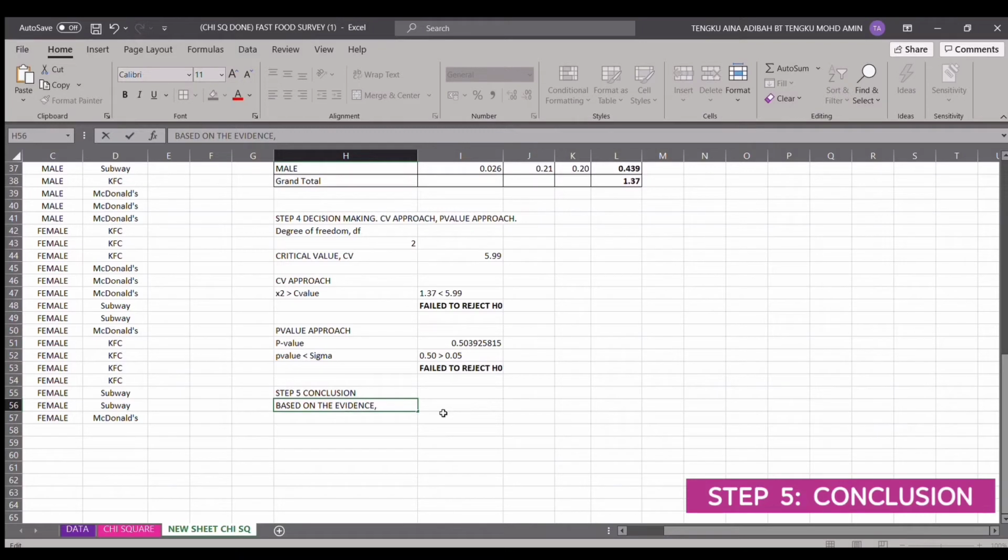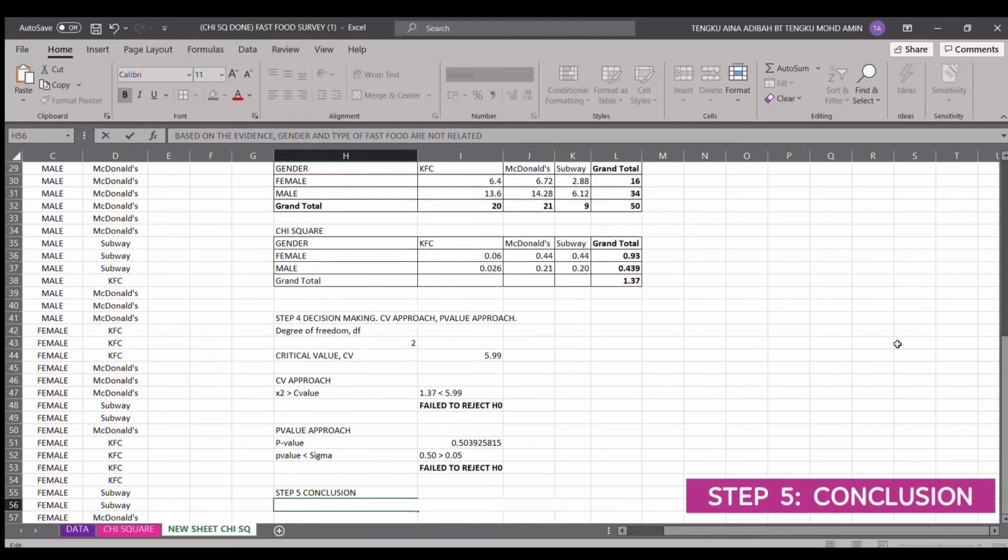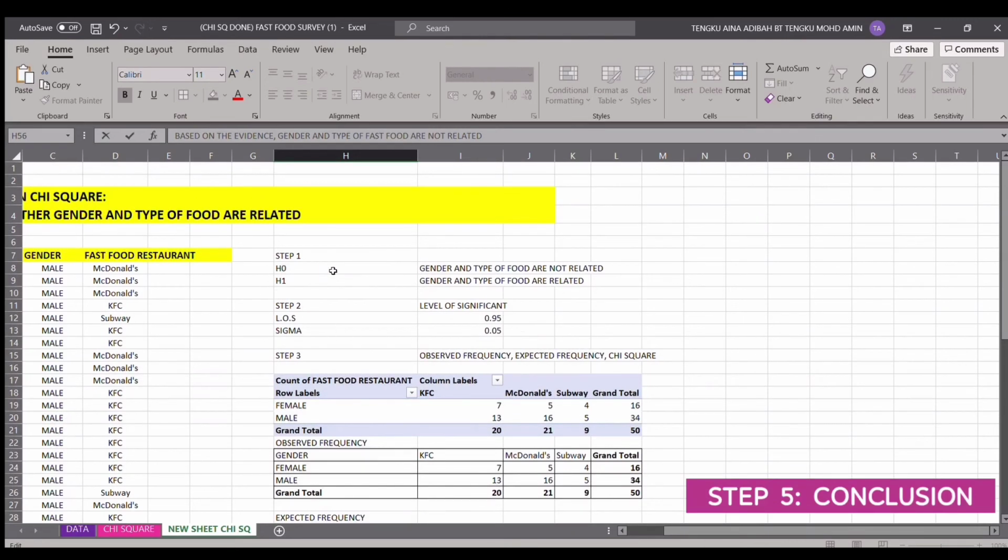Based on the evidence, gender and type of fast food are not related, because the conclusion is what we have come with the hypothesis H0.